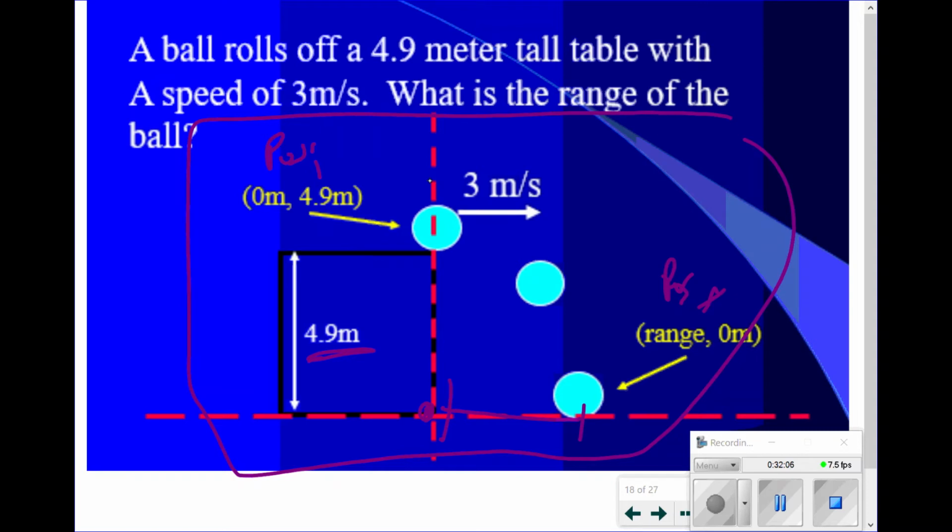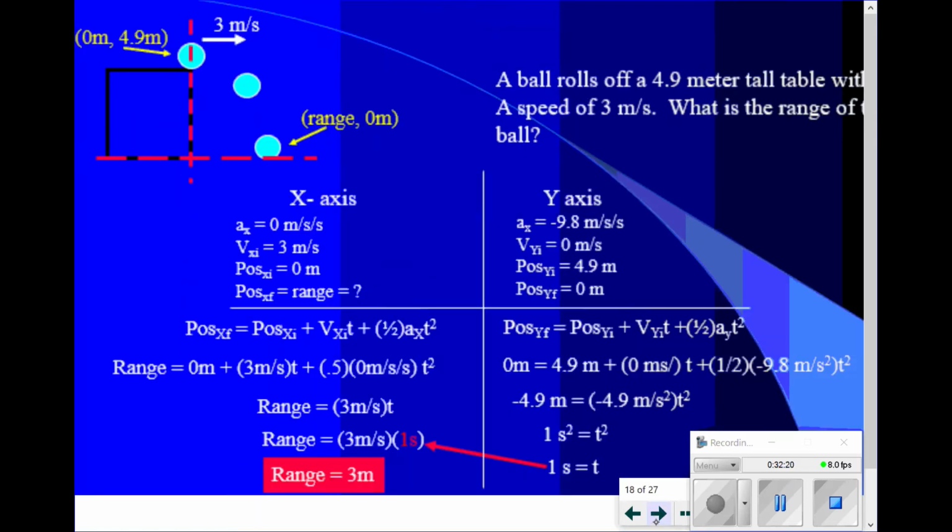I have my velocity, that's going to be 3 meters per second, and that's going to equal Vx. And Vy is 0 because it's horizontally thrown. There is nothing going up and down. So now I'm going to take my information and I'm going to organize it on my t-chart. All my x-axis information goes on one side, all my y-axis information goes on the other.